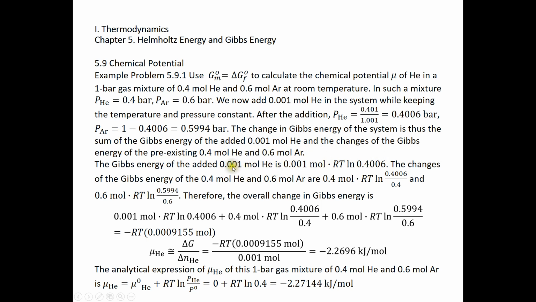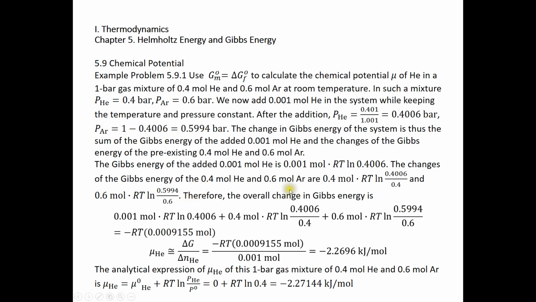Now let's look at the change of Gibbs energy for helium and the change of the Gibbs energy for argon. It's here and here. Look at this. We have 0.4 mole of pre-existing helium. This is the pressure change. We have 0.6 moles of argon in the system, and this is the pressure change from 0.6 to 0.5994.